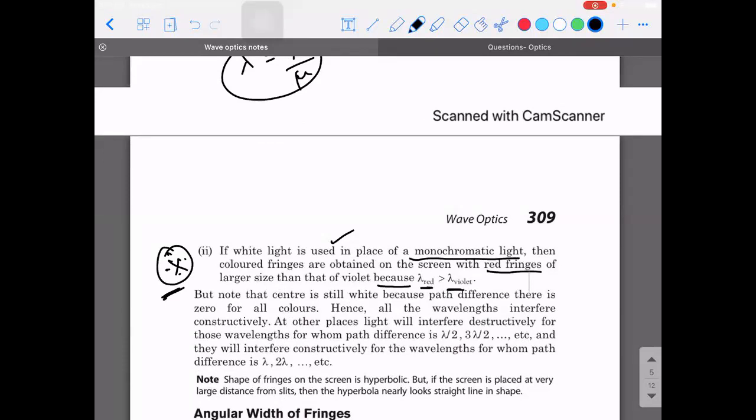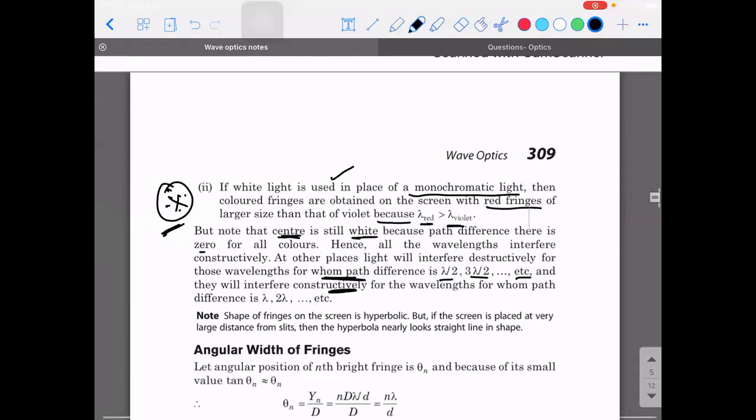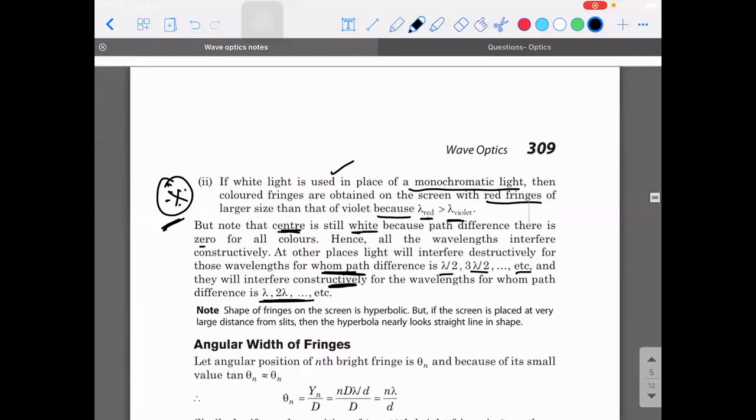Okay, there is an important point here. If you observe, the center is still going to be white because the path difference there is 0 for all the colors. Hence, all the wavelengths interfere constructively. At other places, light will interfere destructively for those wavelengths for which the path difference is lambda by 2, 3 lambda by 2, etc., and they will interfere constructively for the wavelengths for which the path difference is lambda, 2 lambda, and so on.